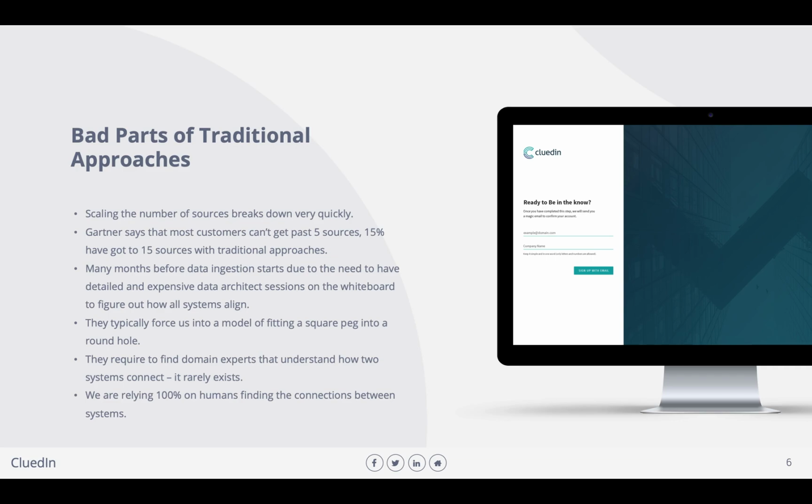So, you go to a large bank, you will probably find someone who is a domain expert of the transaction system.